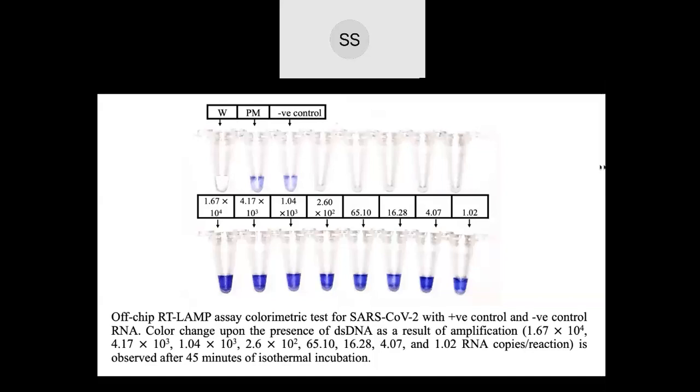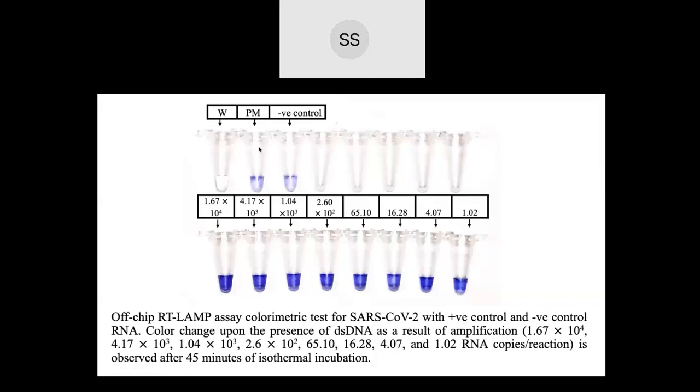We ran the RT-LAMP with different concentrations of target, and as you can see from the results, violet coloration is observed in the reactions containing positive control, and no amplification is observed, implied by the colorless tubes, showing that the primers are exclusively binding only to the SARS-CoV-2 virus target, not to any other virus.